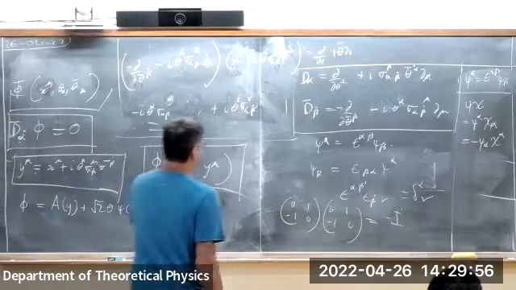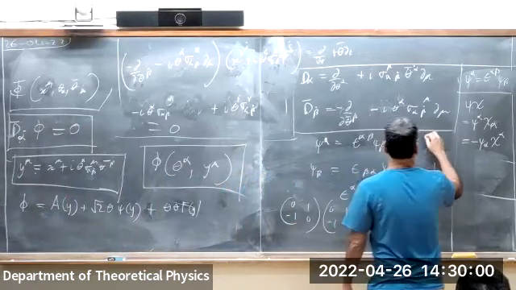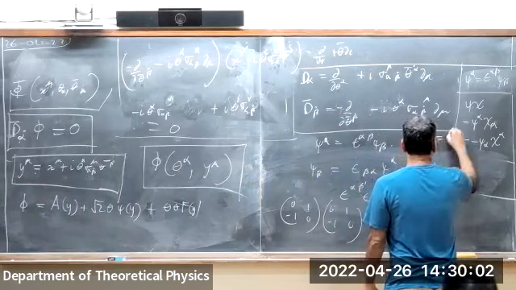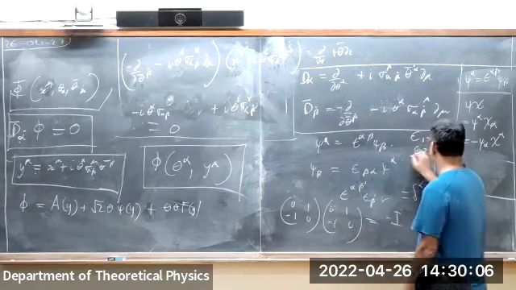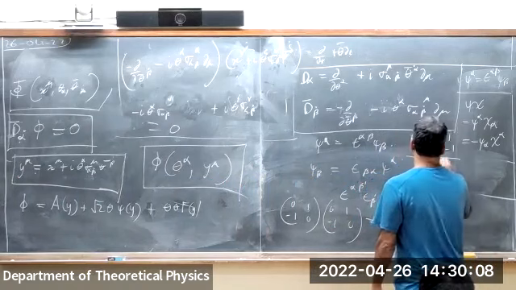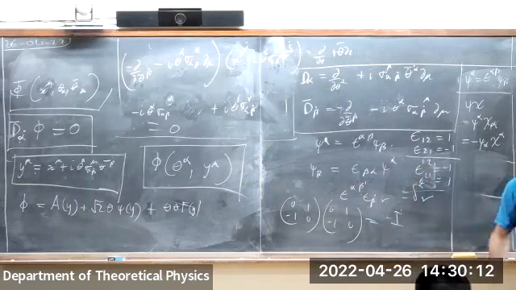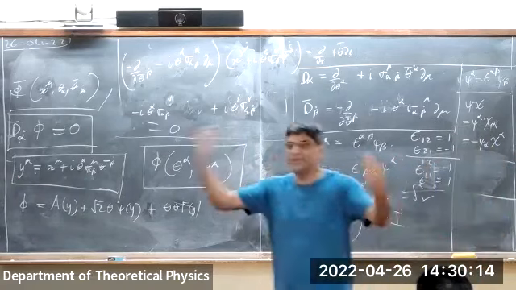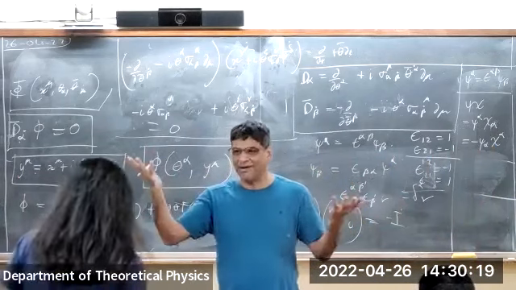As a tensor, if epsilon 1 2 is equal to 1 and epsilon 2 1 is equal to minus 1, then epsilon 1 2 is equal to minus 1 and epsilon 2 1 is equal to 1. As tensors, they're minus of each other; the one with lower indices and the one with upper indices differ by a sign.